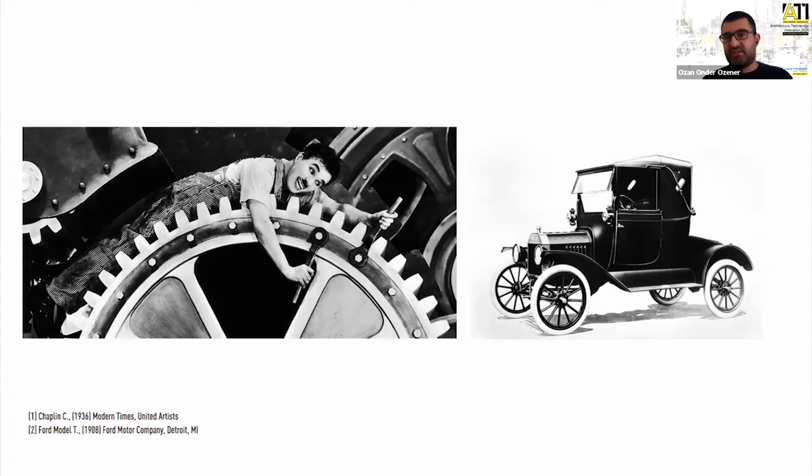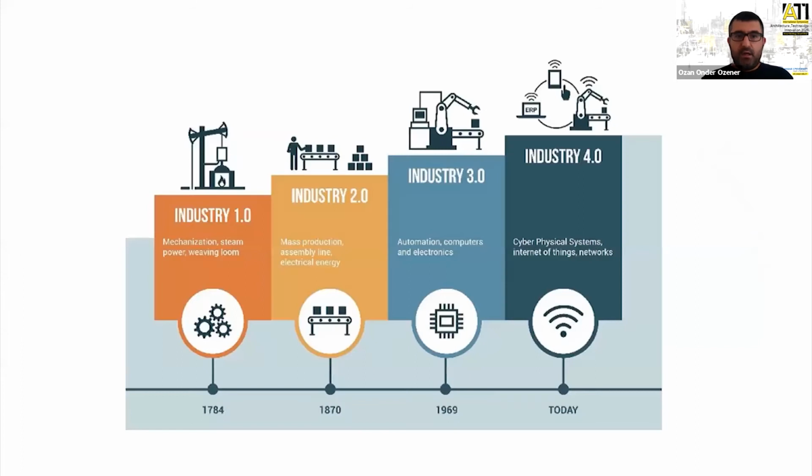But these are two things that bring us to the discussion of how technology affects us. So, okay, I just added this one just before the presentation. The Industrial Revolution started in the 18th century. Right now, we are experiencing Industry 3.0, and we are moving forward to Industry 4.0 that is changing how we live, how we produce, and how we understand.